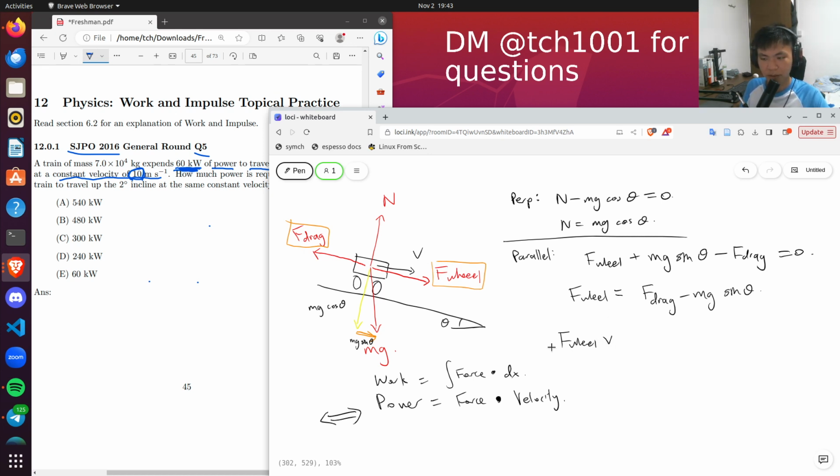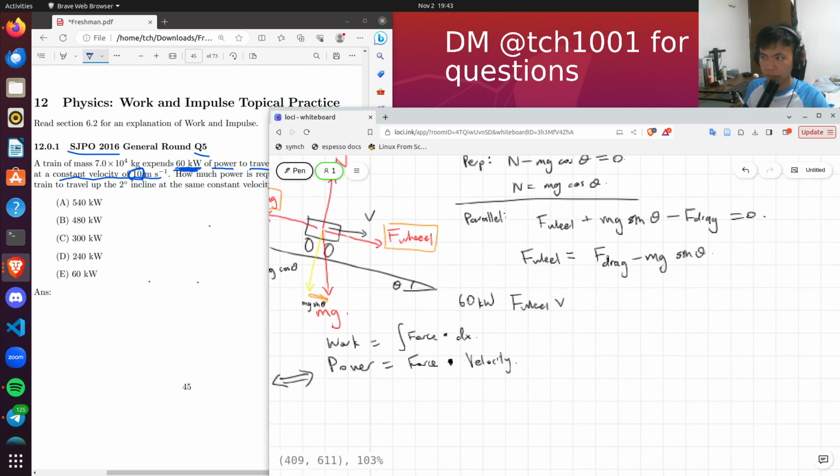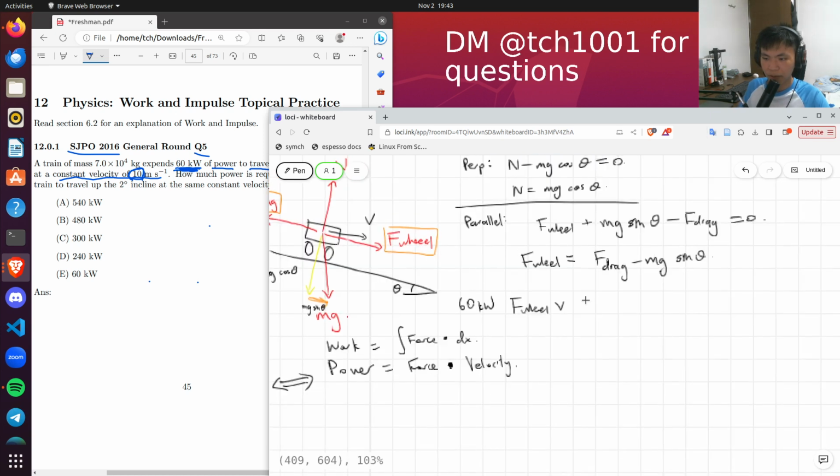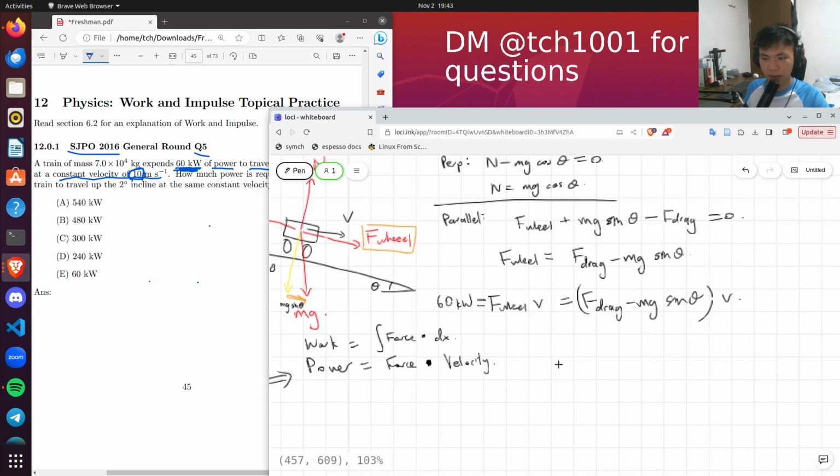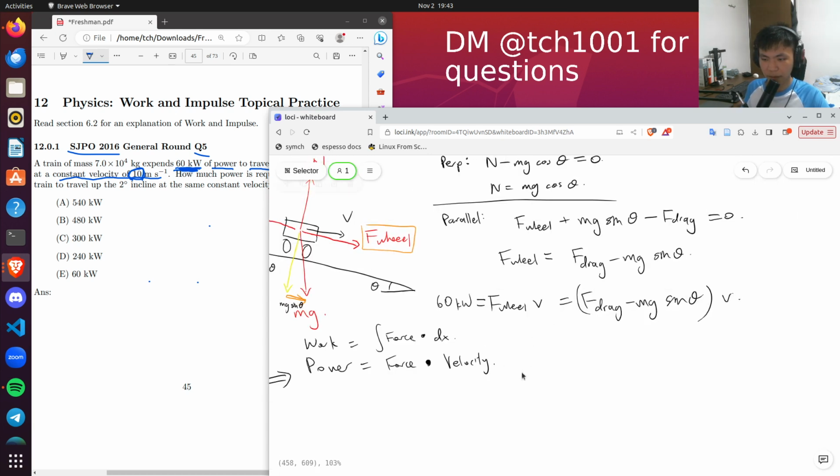Okay, and so we know that this is the power, 60 kilowatts. So with that, how do I calculate? 60 kilowatts equals F times V, and if we multiply it out, this is F drag minus mg sine theta, times V. So that's what we have right now.